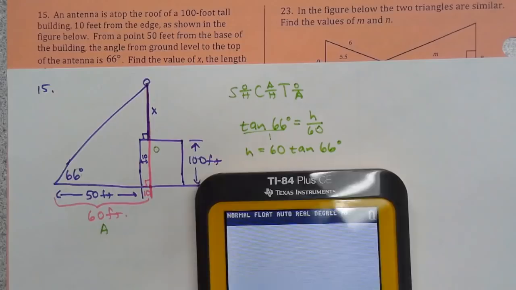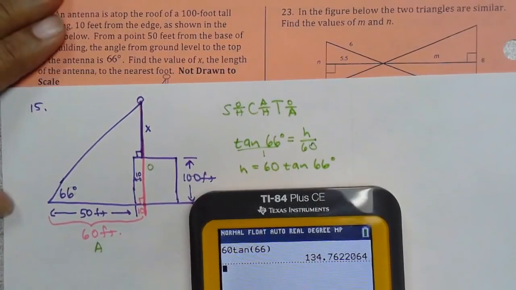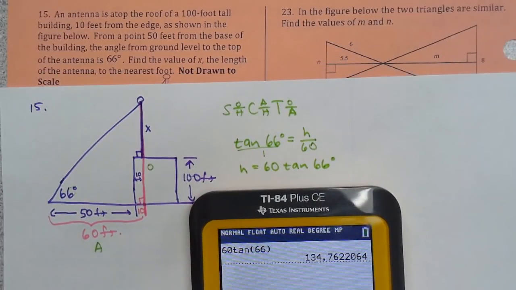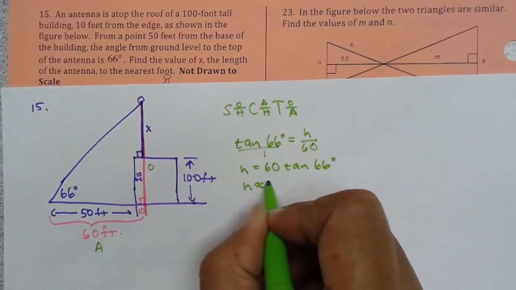So we're going to put in 60 tangent of 66. And that gets me approximately 135 feet, rounding off to the nearest foot. So H is approximately 135 feet.